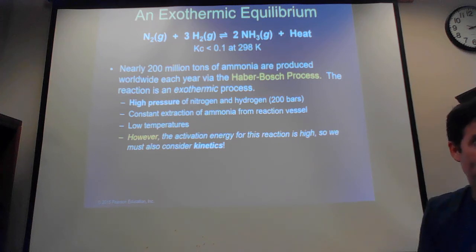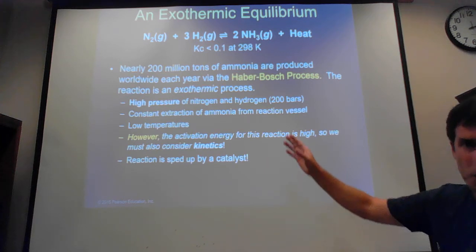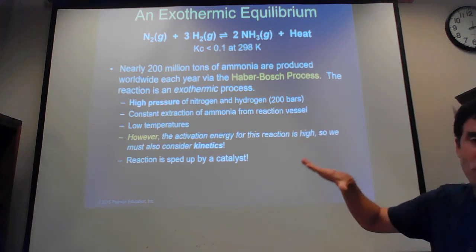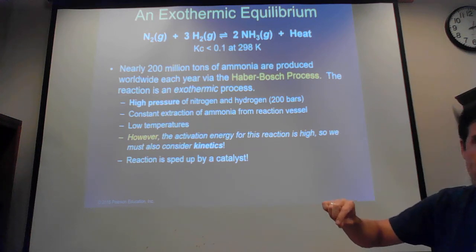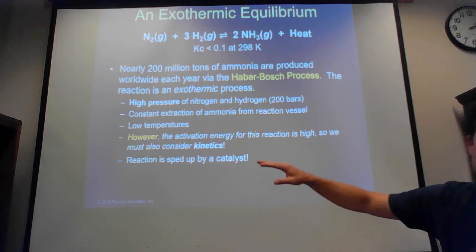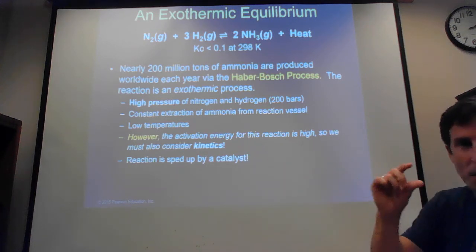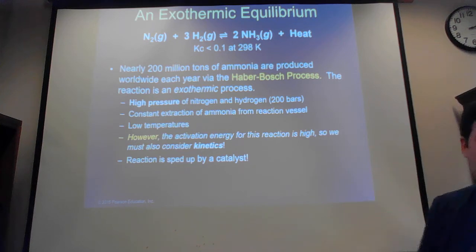Okay, so if we need to do it at low temperatures, but we also need the reaction to be fast, we have to find a catalyst. Okay, and they do have a catalyst that helps this reaction occur. Even at low temperatures, we can find a catalytic pathway or a mechanism to get the hydrogen and nitrogen to turn into ammonia with smaller activation energies so the reaction goes faster.